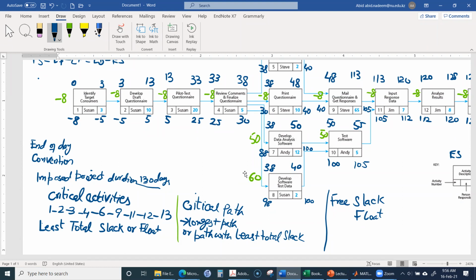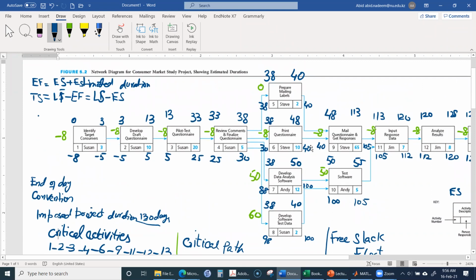Okay, without delaying any subsequent activity. This can happen in those activities which have some positive slack over here.